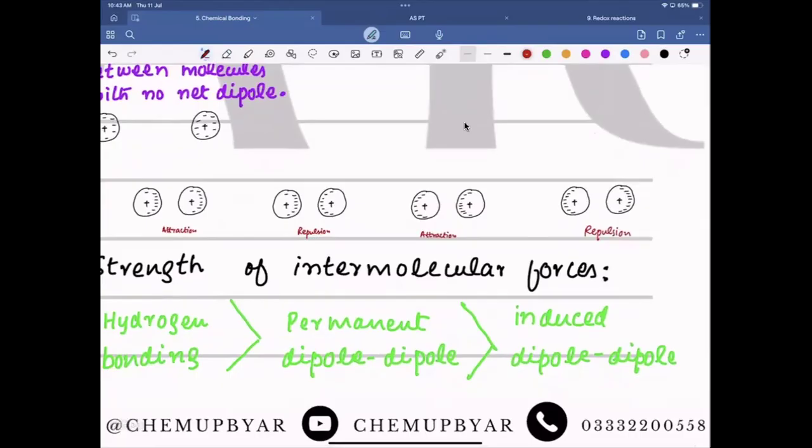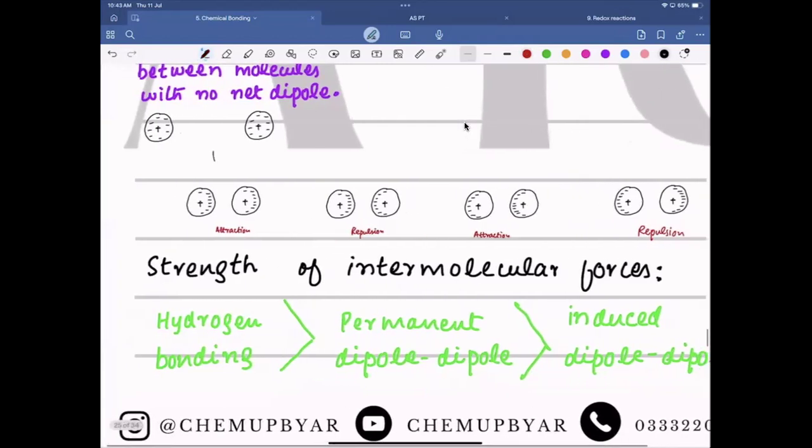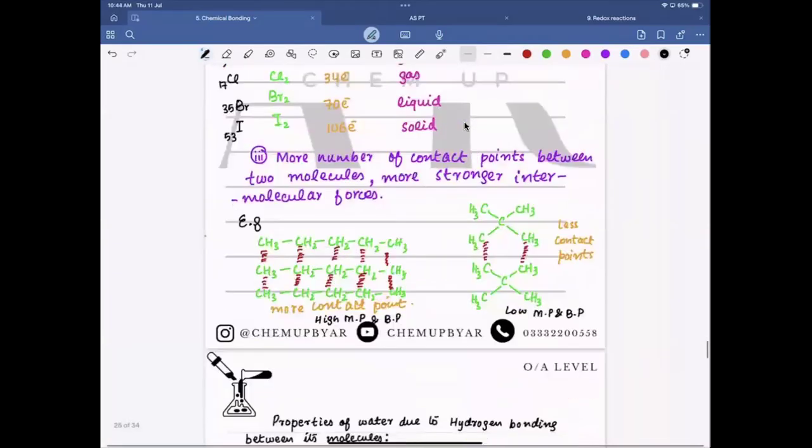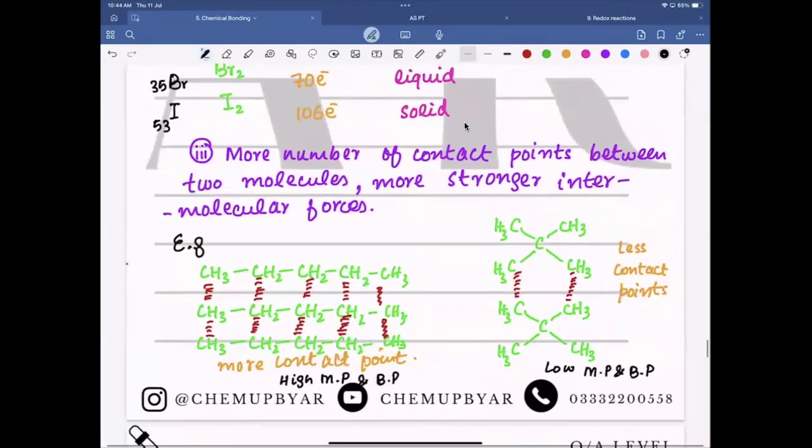That's why we also call it temporary dipole forces. Why do we call it induced dipole forces, or temporary dipole forces? I think now it is understandable, and it is observed between molecules which have no net dipole. Is this clear? Yes, sir. Okay, so we are done with these forces.